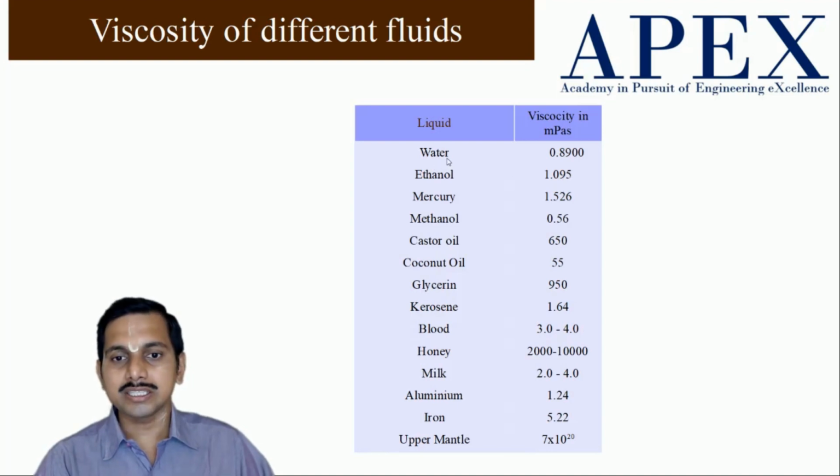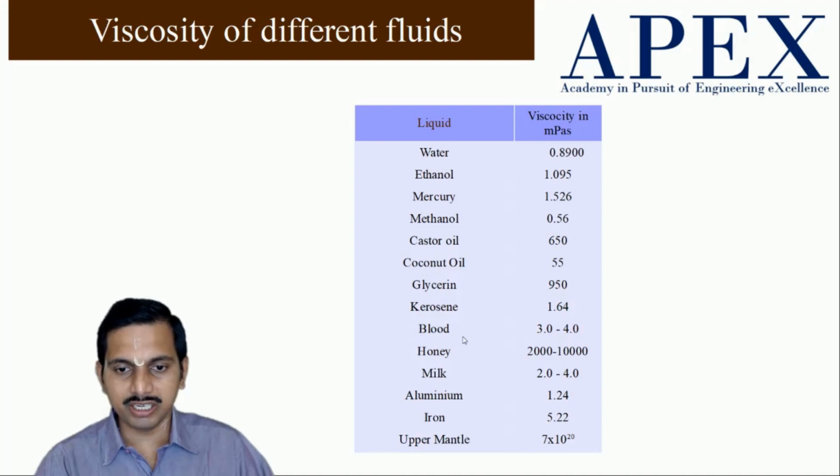Now let us see some things which are less dense than water, such as coconut oil, which is much more viscous than water. Castor oil similarly has very high viscosity, 650 centipoise or millipascal second.